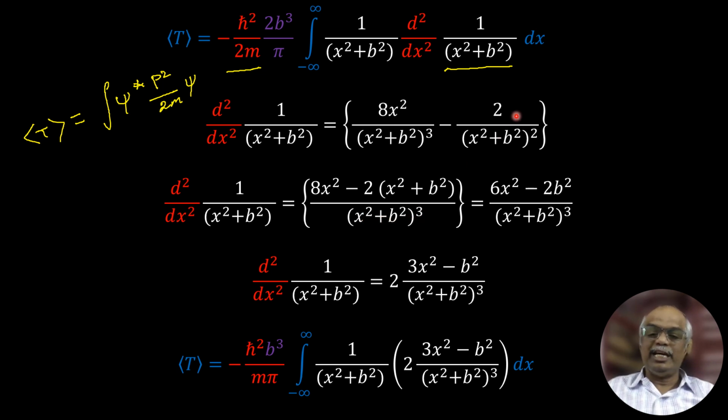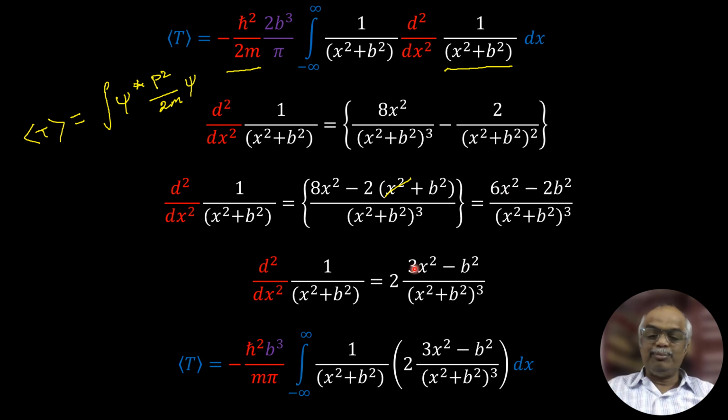Then naturally I have to multiply this by x squared plus b squared. Now you can see here you have 8x squared and this 2x squared, which will get combined with the sign. So you will get 6x squared minus 2b squared in the numerator, and the denominator is like this. Now you can take 2 as a common factor.